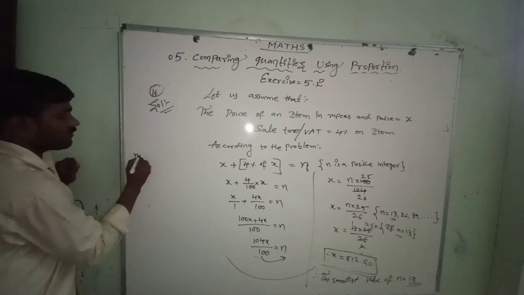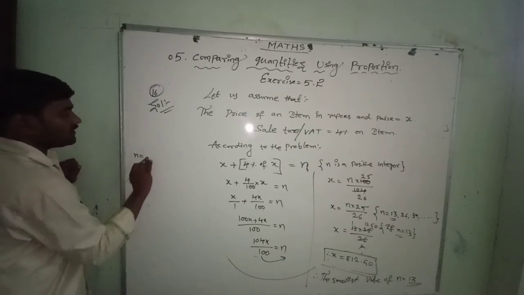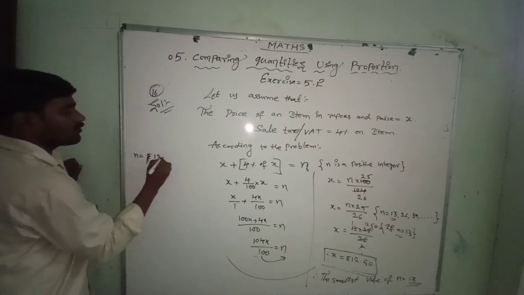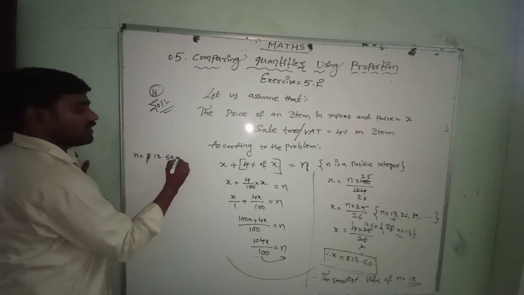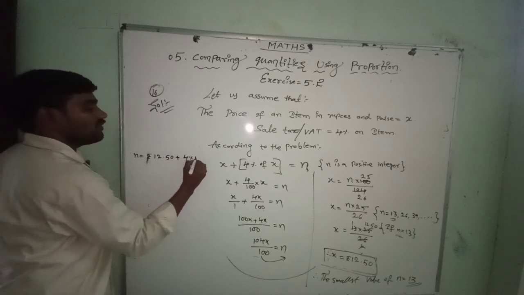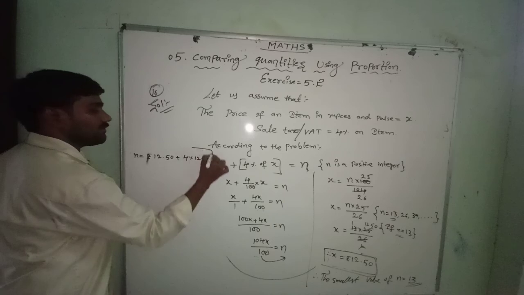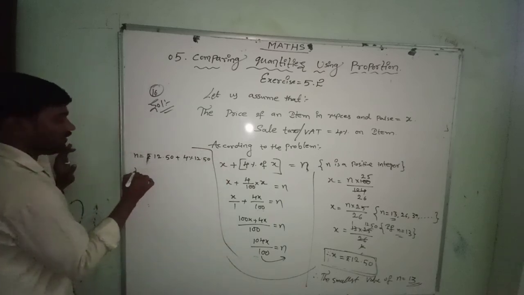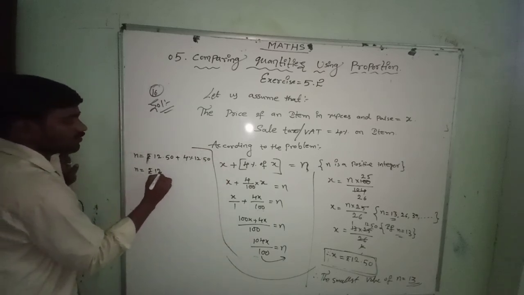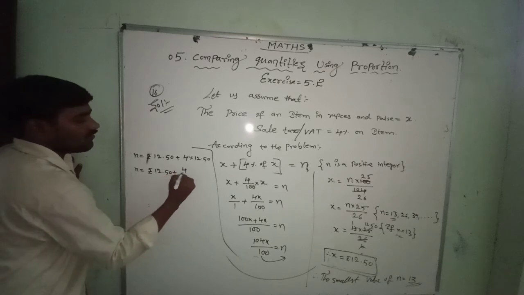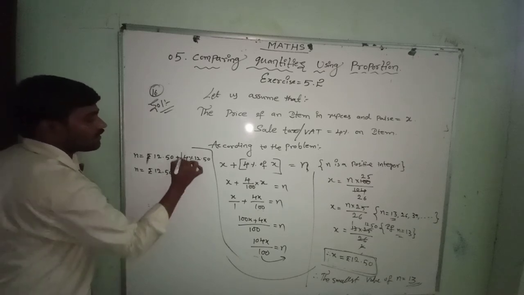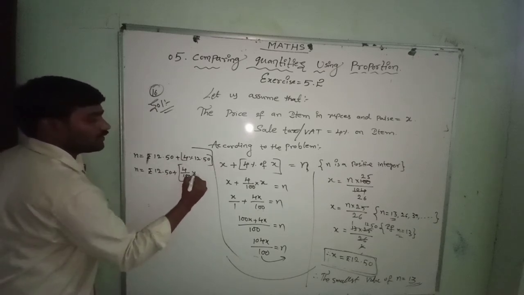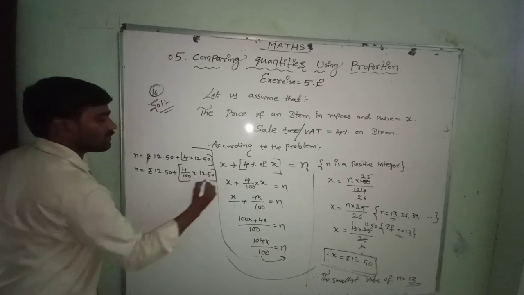Therefore, n equal to 12 rupees 50 paisa plus 4% of 12 rupees 50 paisa. Then n equal to 12 rupees 50 paisa plus 4 by 100 into 12 rupees 50 paisa.